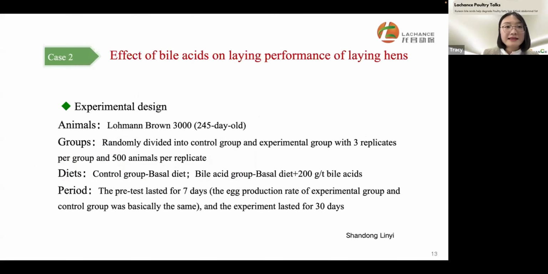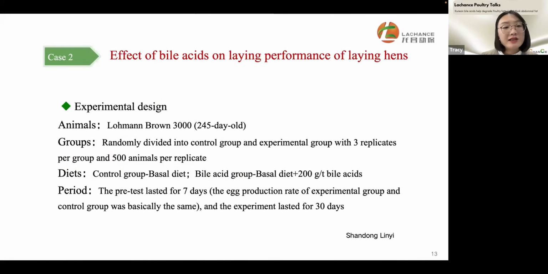Okay. Next, I'm going to show you the second case. This case shows the effect of bile acids on laying performance of laying hens. This is an experiment that we did in Shandong province in a farm. In this experiment, Lohmann Brown laying hens were used.